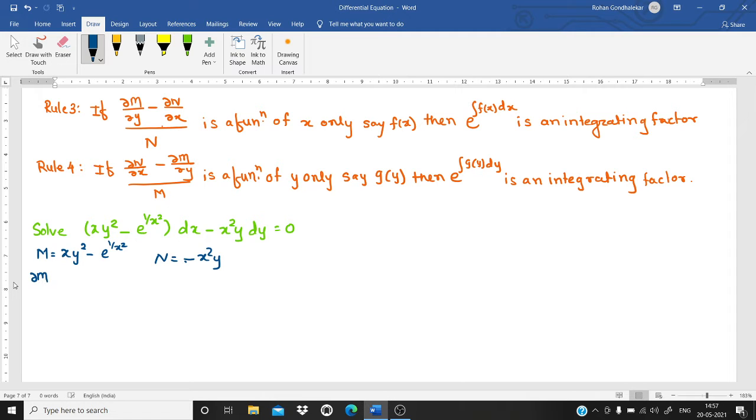Now ∂M/∂y is the derivative of y square, which is 2y, so we get 2xy, and in the second term there is no y present, so its derivative is 0. ∂N/∂x is equal to minus 2x into y. Now if you look, they are not equal, therefore the given differential equation is not exact.